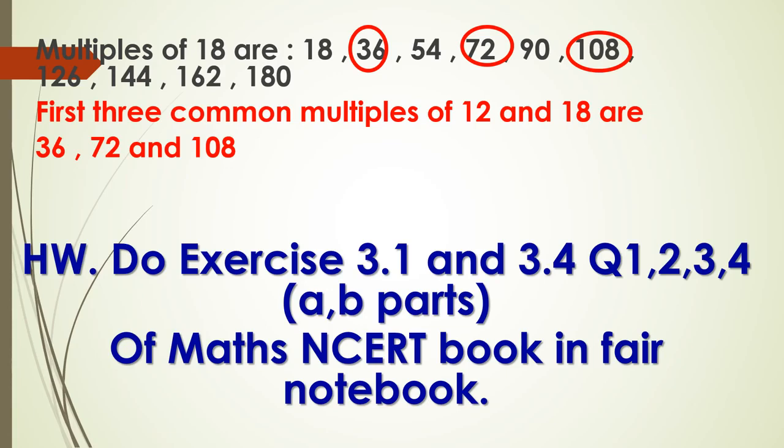Once we understand how to find factors and multiples, then we can find common ones also. Whatever is present in both, or in 3, suppose 3 numbers are given, then also the procedure is the same. Write down the factors of all 3 numbers, and then find whatever is common in all 3. Okay? Thank you.